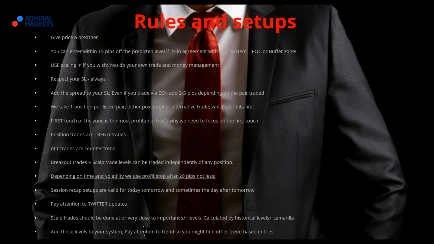Pay attention to my Twitter updates. And don't forget that scalp trades should be done at or very close to important support resistance levels. All these trades are calculated by historical levels and Camarilla. And the term pips pool is the maximum available number of pips you could have got on recap entries.